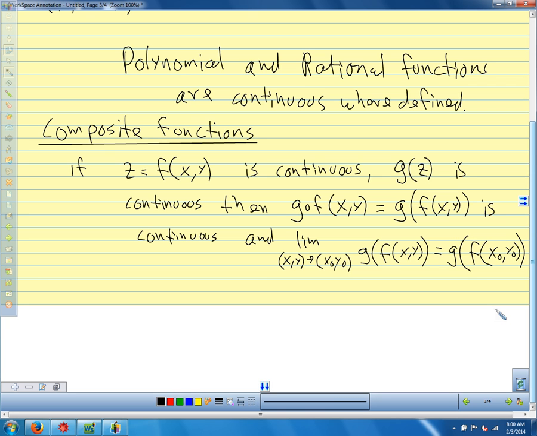So compositions, as long as we're composing continuous functions, our composition is continuous as well. So that gives us another tool to work with these multivariable functions.